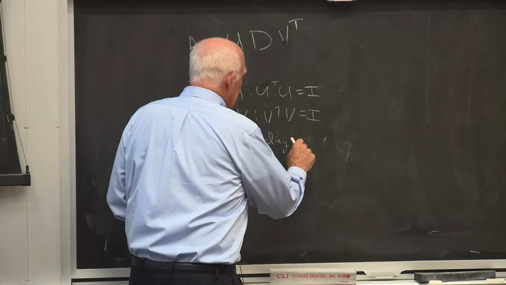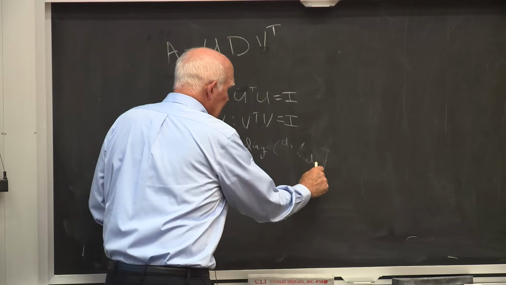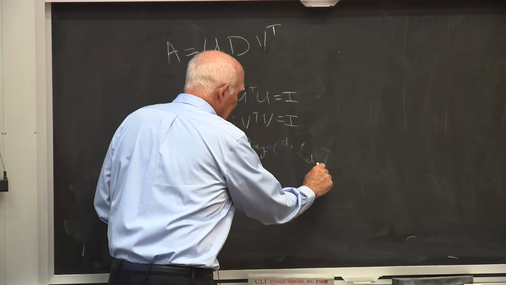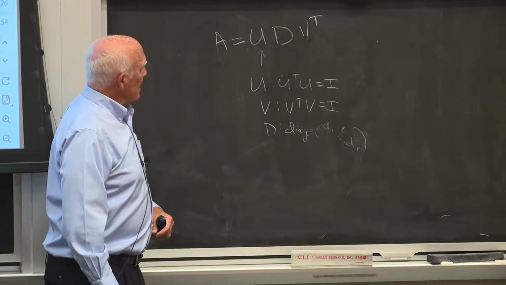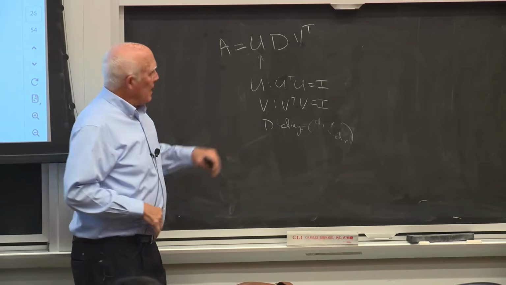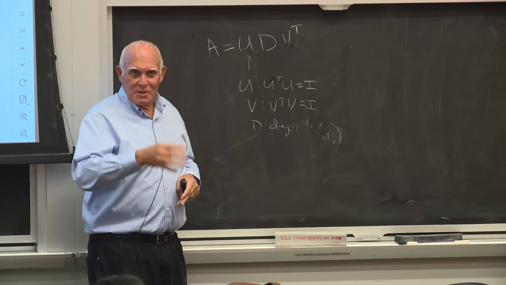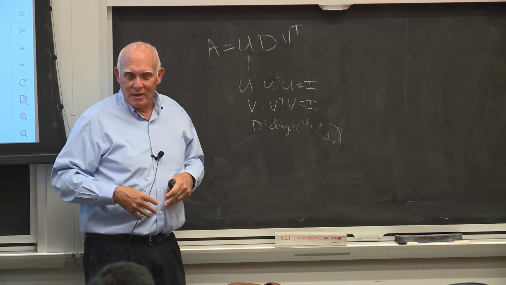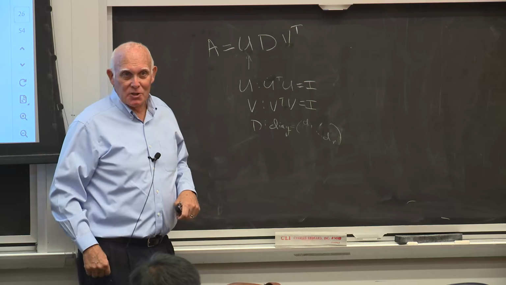And then D is a diagonal matrix down to dr, where we are stretching and squeezing axes. And then U simply has columns that define a new basis or a new vector space, and we're taking sums of those.